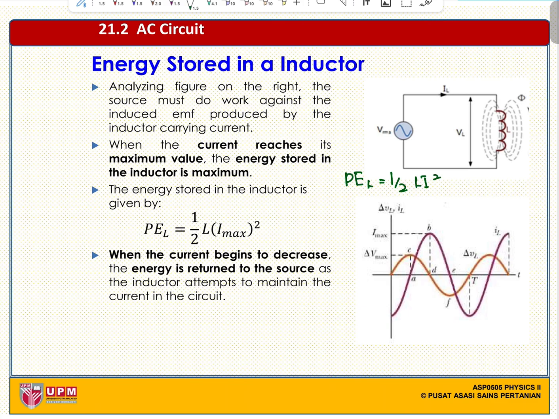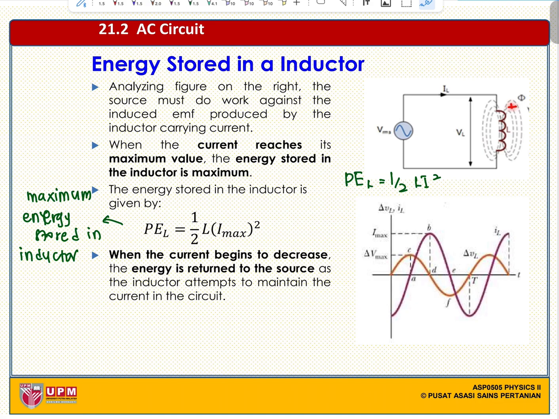So apabila current tu sampai maximum, you will have maximum energy store in inductor. It happen during the current maximum. Tapi apabila current tu berubah arah, awak punya induced EMF pun bertukar direction.